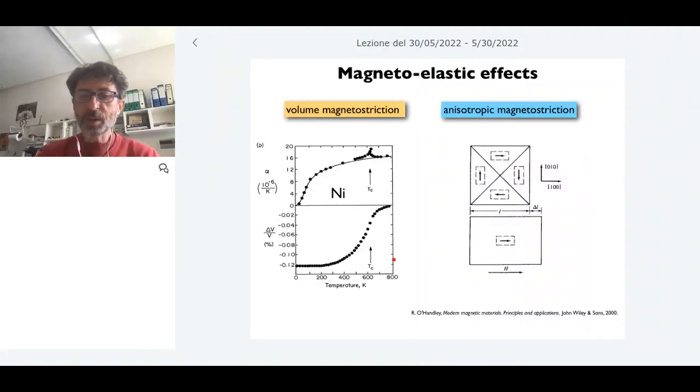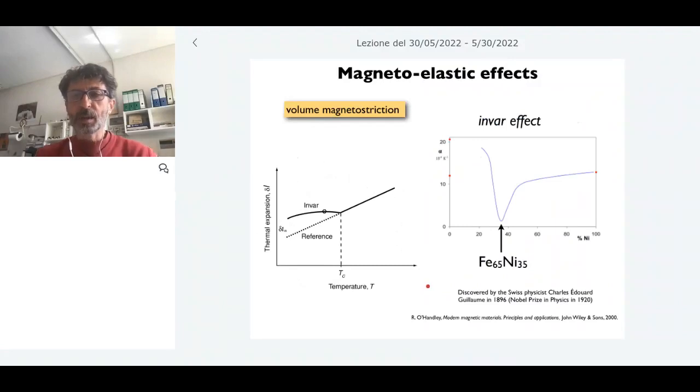And this is especially the case when you take alloys between iron and nickel. Take the case of this nickel-iron compound, which is iron 65, nickel 35. This is called Invar alloy. And by the way, it was discovered long ago, at the end of the 19th century by a Swiss physicist. This Invar has a very special characteristic of behaving opposite with respect to the nickel.